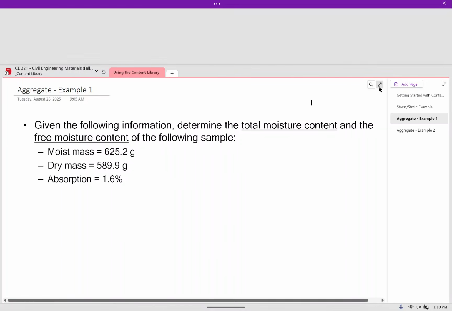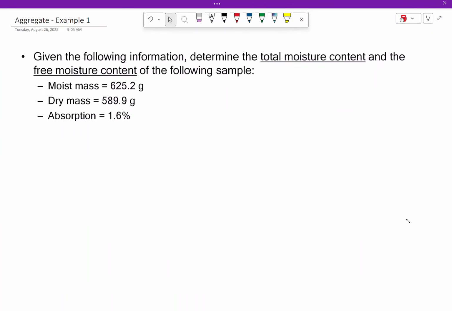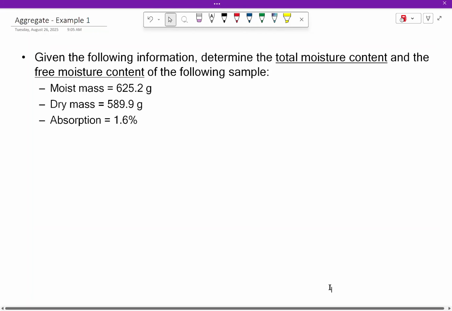So let's read through this. What I want to know is, given this information, let's determine the moisture content, the total moisture content, and the free moisture content of the following example. Okay, so I have the moist mass and the dry mass.